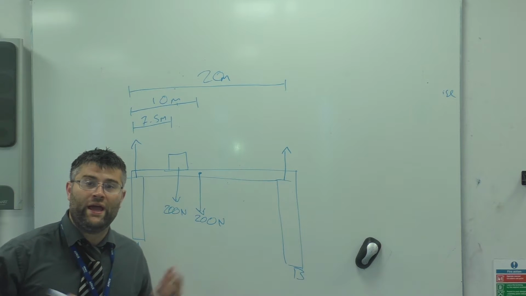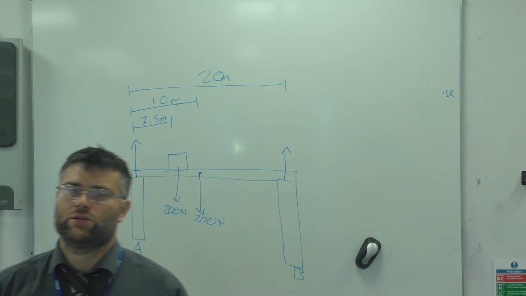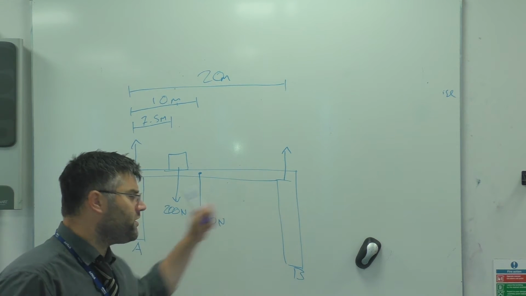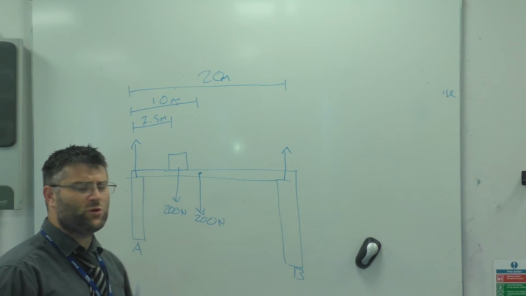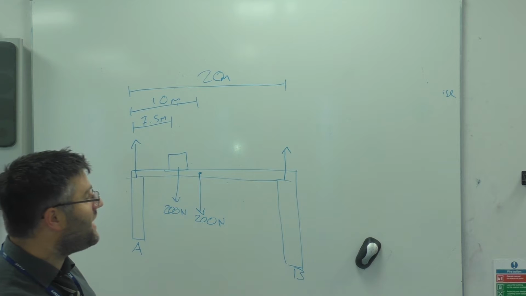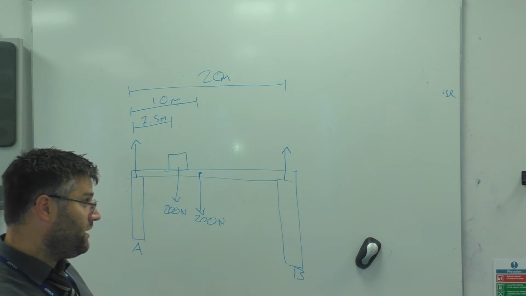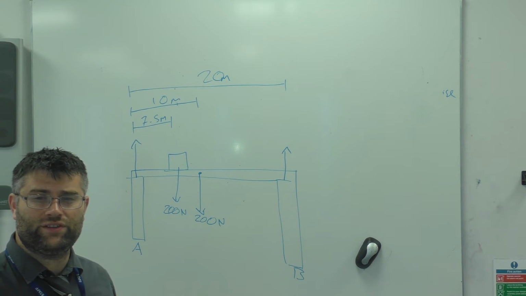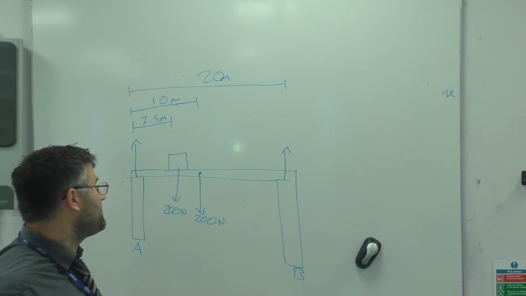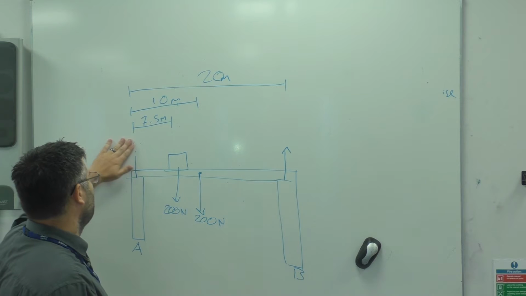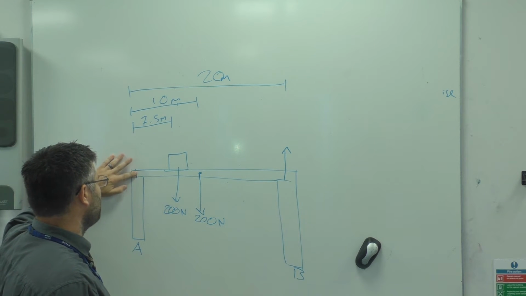So, where do we start with a question like this? Because quite simply, I've got two unknowns. If I need to work out the force upwards at A and the force upwards at B, I'm going to have to do what I like to call assigning a pivot. So we can assign a pivot here. We're just going to pretend we don't really care about this force for a second.